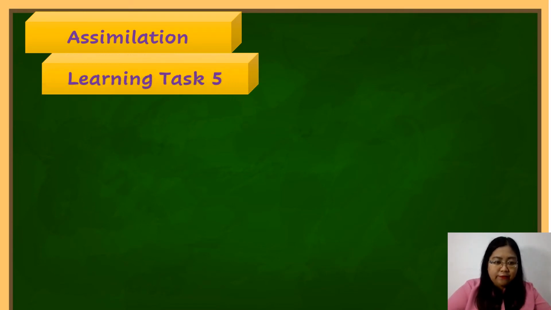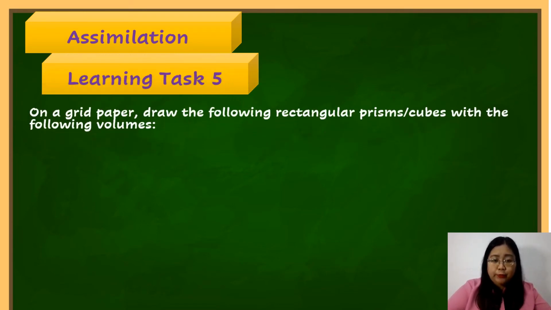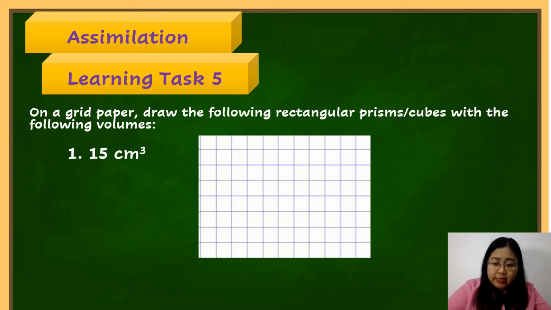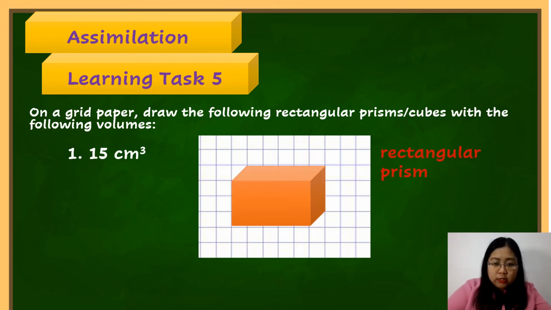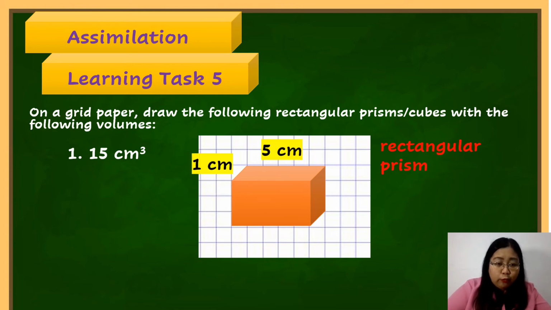Learning task number 5. On a grid paper, draw the following rectangular prism or cubes with the following volumes. Number 1 is 15 cubic centimeter. So this is the grid paper, and I'm going to draw the rectangular prism with the length of 5 centimeter, width of 1 centimeter, and 3 centimeter height.